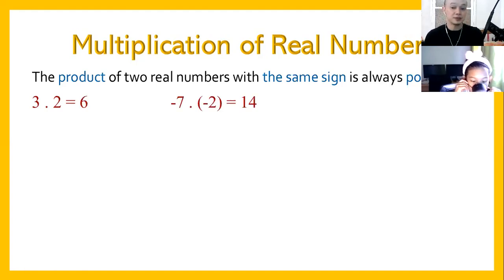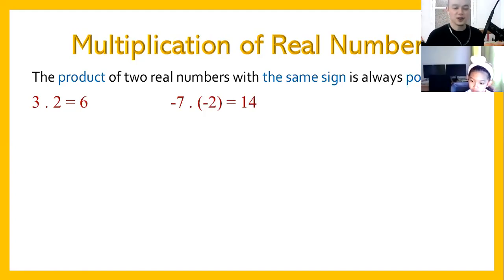Both are negative, negative 7 and negative 2. You multiply them, it will have positive. Not negative, positive. Same sign. You are thinking of addition rule. Don't think of the addition rule, okay? In multiplication rule, same sign, positive. Different signs, negative, okay?